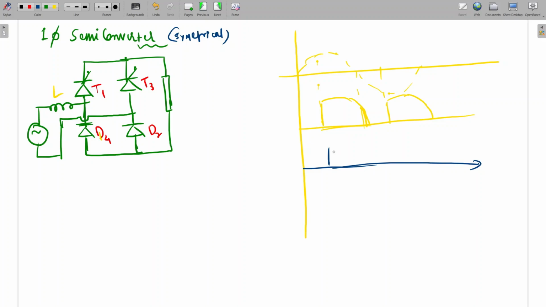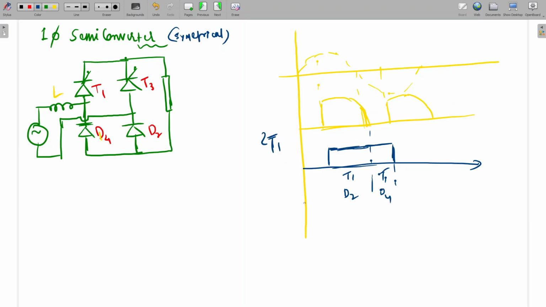T1 D2 will start conducting from alpha. Here it will become negative, so at that time T1 and D4 will start freewheeling. This is the IT1 waveform. Here to here T1 and D2 is conducting, and here to here T1 D4 is conducting.